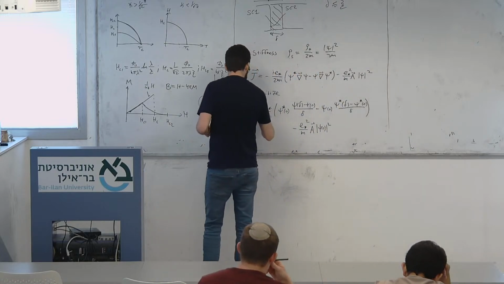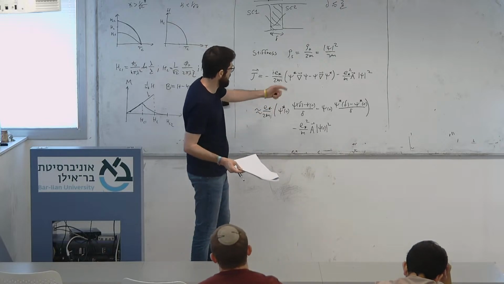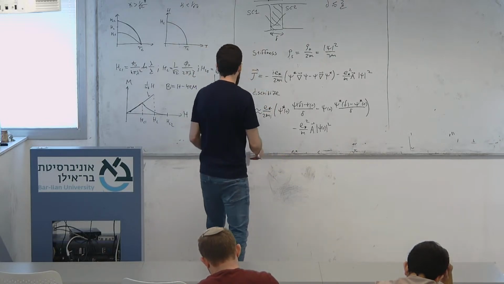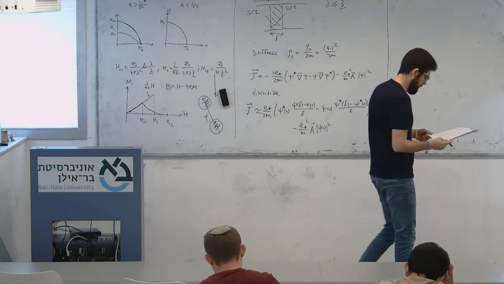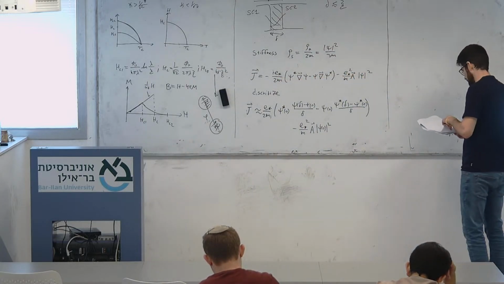This is not an accurate description, but it assumes delta is very, very small compared to variations and so on.